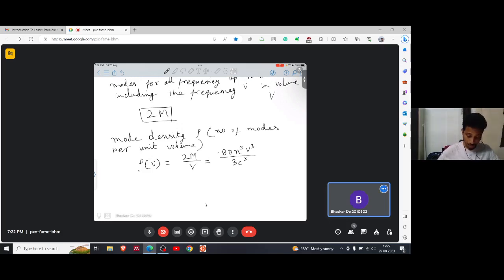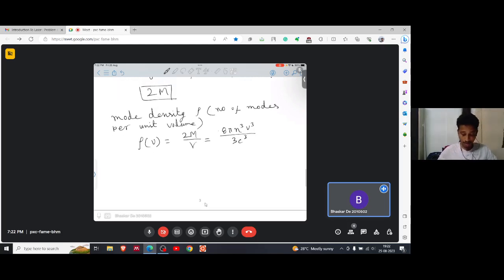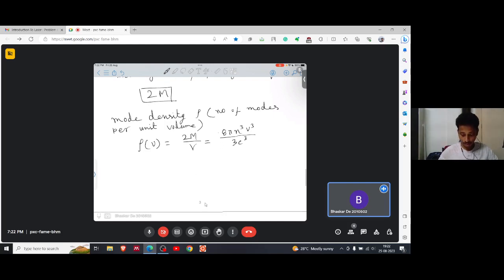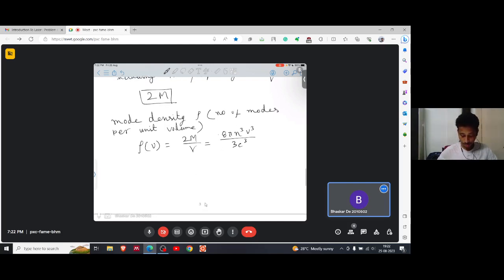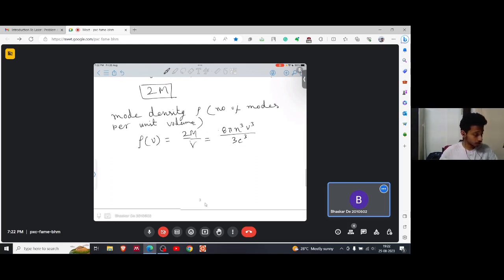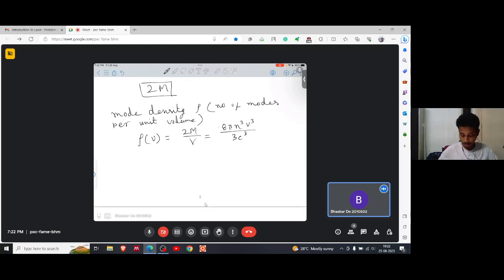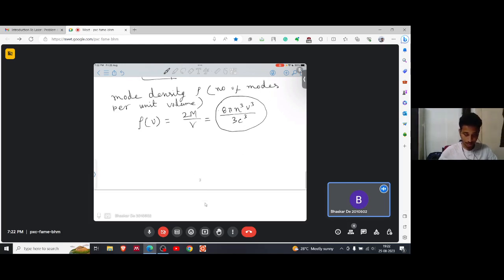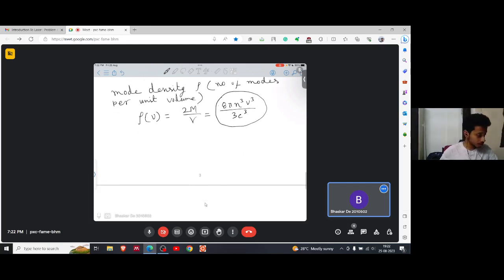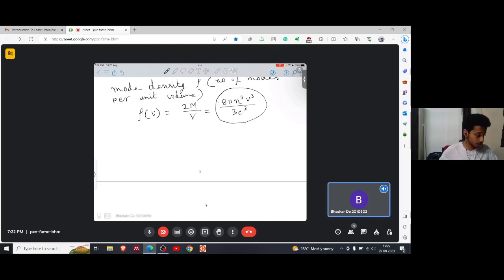Now this is the mode density in a cavity of volume V. You might be familiar with this formula from blackbody radiation. This is how the mode is calculated.